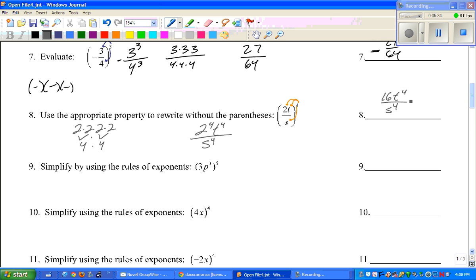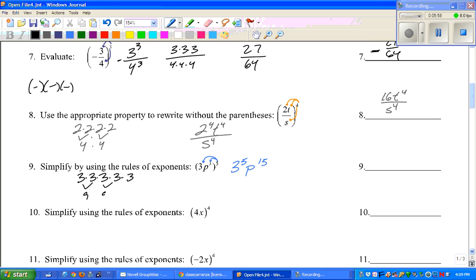Okay, number 9, you're doing the same thing, okay? We want to distribute the 5, but we distribute that 5 to everything. So 3 to the 5th, p to the 15th, okay? So we need to know what 3 times 3 times 3 times 3 times 3 is.